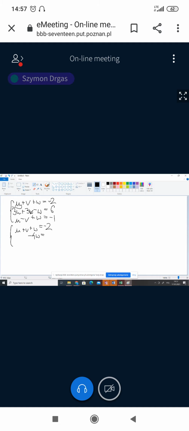Okay, so 6 minus 3 times minus 2, it will be 12. Now in this pivot position we have 0 because there is 0v here, but we can continue with the first pivot and we will see what will happen below. In order to remove u from the third equation, we need to subtract the first equation from the third one.